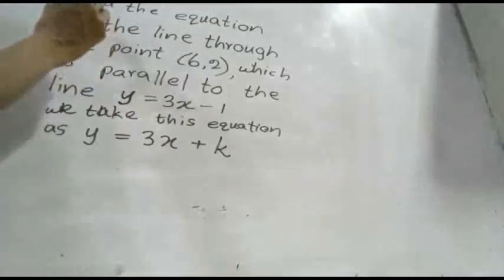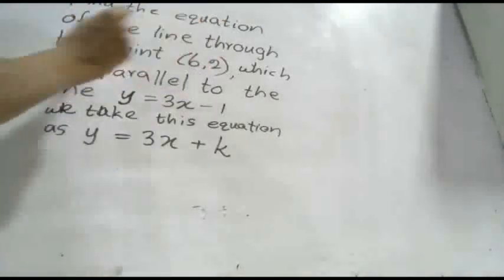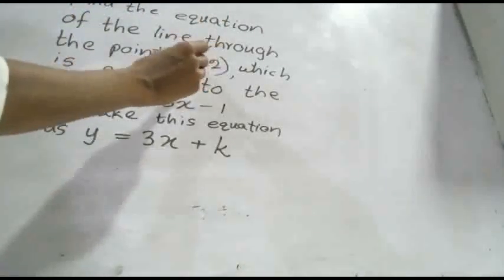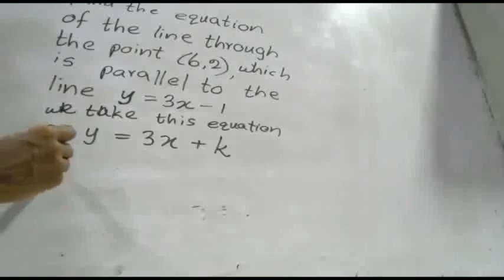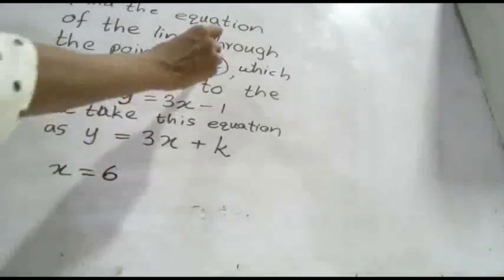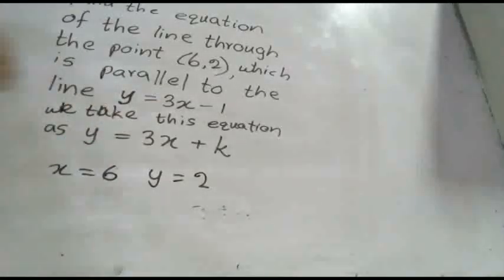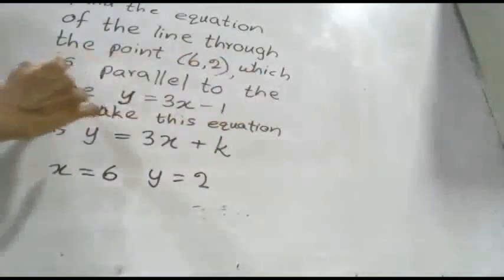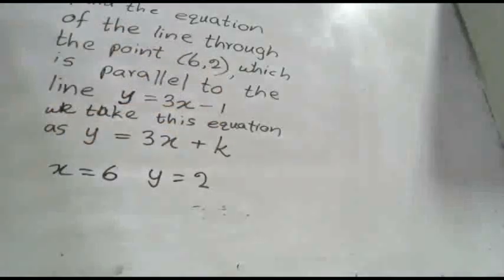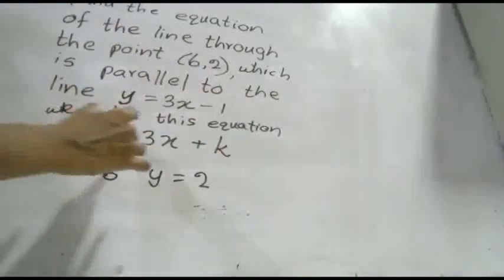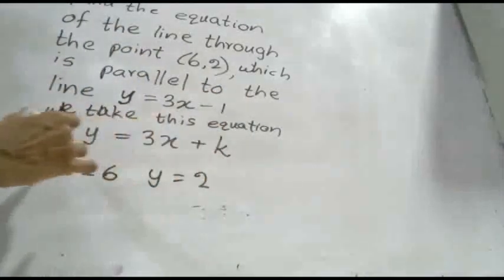Then find the equation of the line through the point (6, 2). Here the x coordinate is 6 and the y coordinate is 2, which is parallel to the line y = 3x - 1. We take this equation as y = 3x + k.